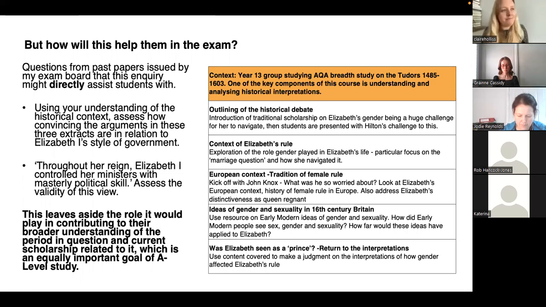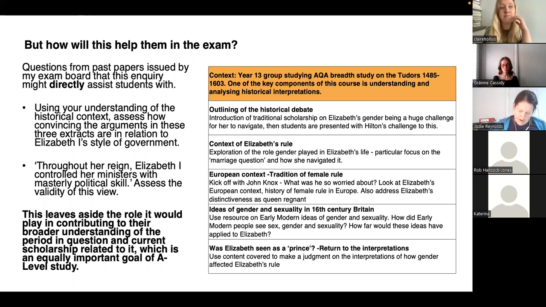But also, this is just another perspective. I also firmly and pretty passionately believe that the outcome of an A-level course should not just be that the students can go into the exam and do well on it. It's also obviously important that they leave having had a good historical or classical education, understanding the period of study in detail, and also the interpretations and scholarship related to it.